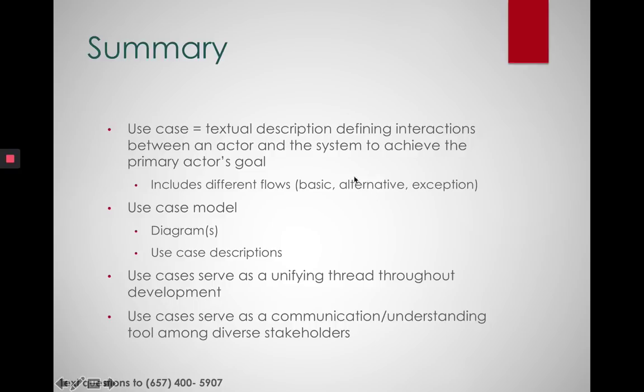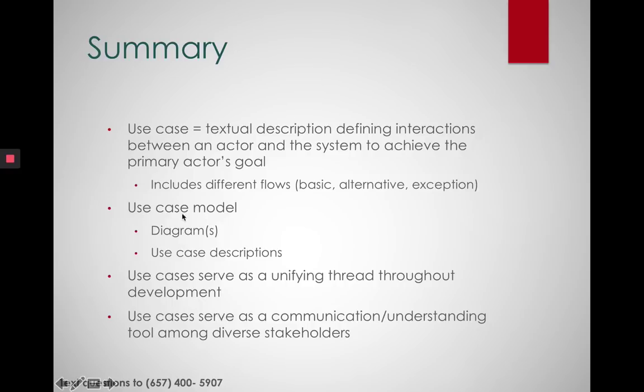Alternative flows where the goal is also achieved, but it's a less common way to do it. And then exception flows where the goal is not achieved for some reason. And so remember that every use case has a basic flow, and the alternative and exception flows sometimes apply to a use case, but not always.